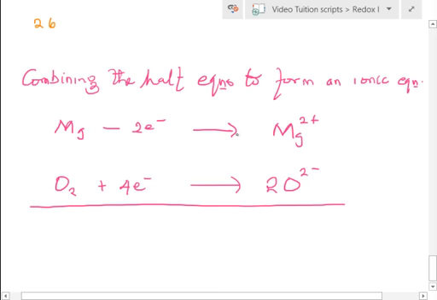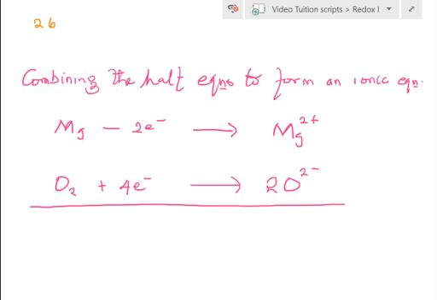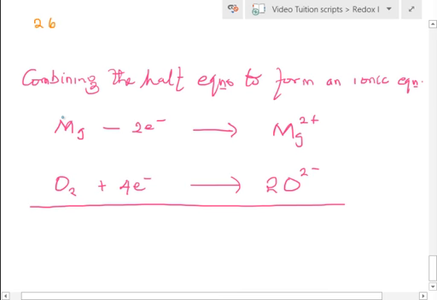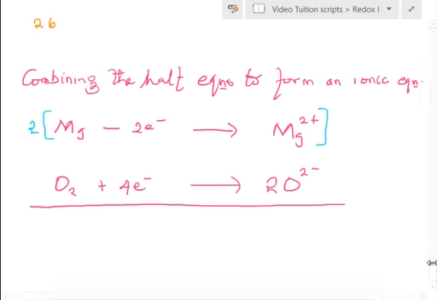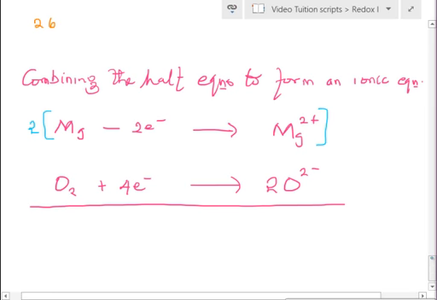How do we correct this equation? We just balance it. If you remember your simultaneous equations, you just multiply everything here by 2. You want the number of electrons here to be the same as the number of electrons there. So it's 2 times everything here. Let me write it tiny.